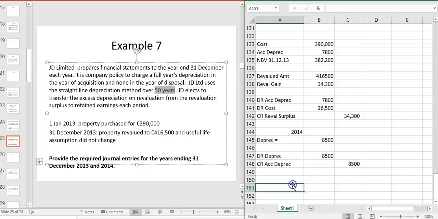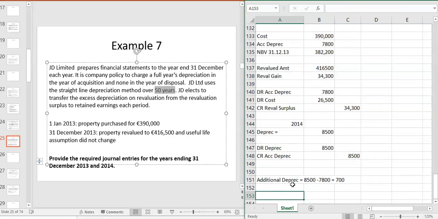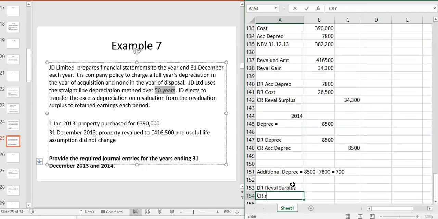So what IAS 16 allows you is the additional depreciation, which is 85 minus 78, 700, that is allowed to be transferred between the revaluation surplus and retained earnings, on the logic that you shouldn't be penalized for just revaluing the asset so that your depreciation goes up. As you're using the asset, you can realize some of that additional depreciation. So you'll debit the reval surplus and credit retained earnings.